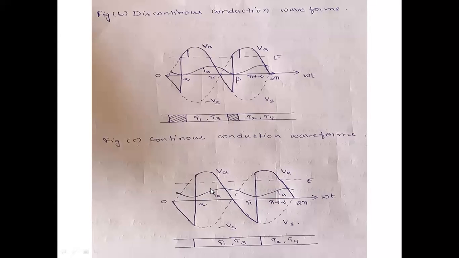As the motor torque fluctuates at 100 Hz, the motor inertia is able to filter out the fluctuations. When the motor inertia is able to filter out the fluctuations, it gives nearly constant speed and ripple-less E also. So the E will not be getting ripples. So this is a theoretical explanation.